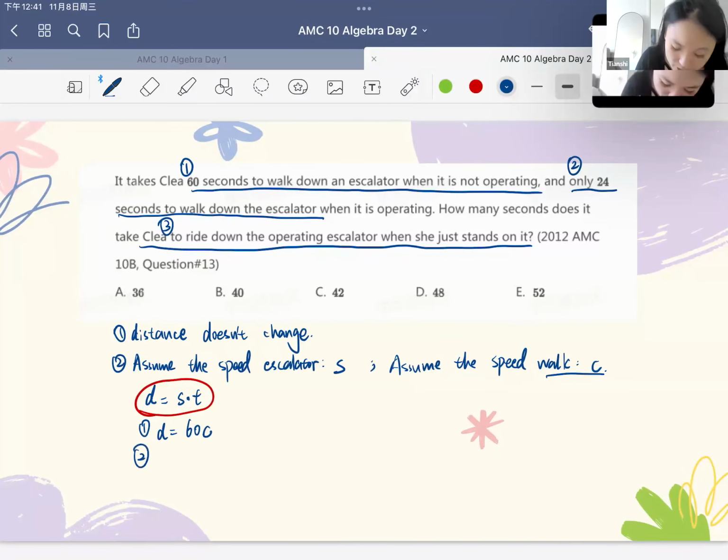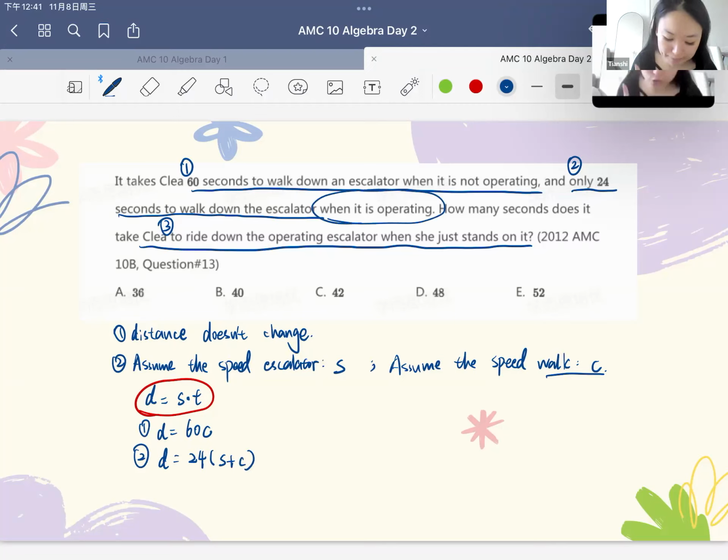And this is the first scenario. In the second scenario, the distance does not change, so it should be D as well. D equals time, which becomes 24, but the speed becomes the speed for Clay plus the speed for the elevator, so s plus c, because this is the scenario when the elevator is operating. So this is the second scenario.